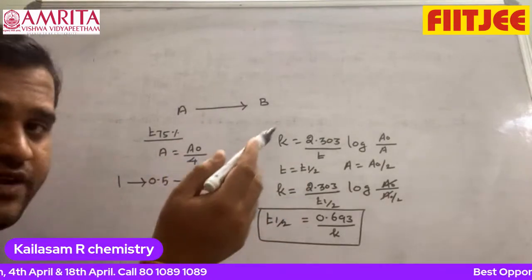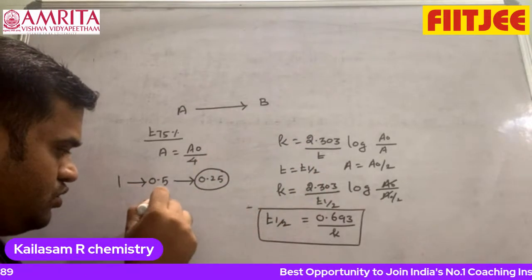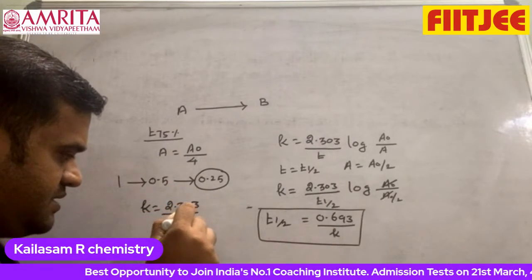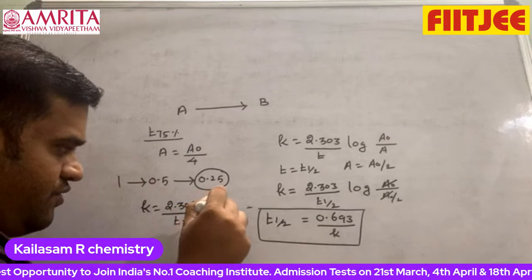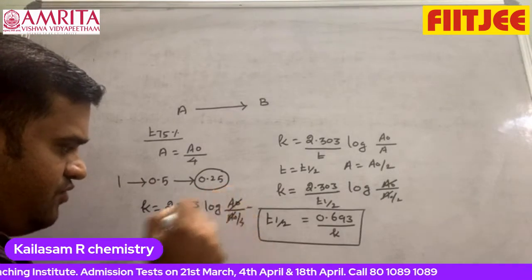For the first order kinetics, K is equal to 2.303 by T 75% log of A naught by A naught by 4, cancelled off.